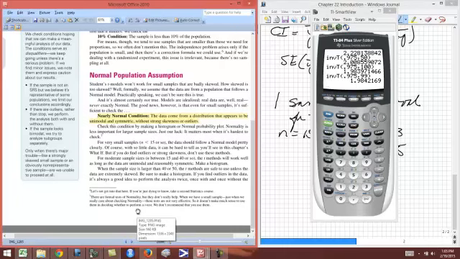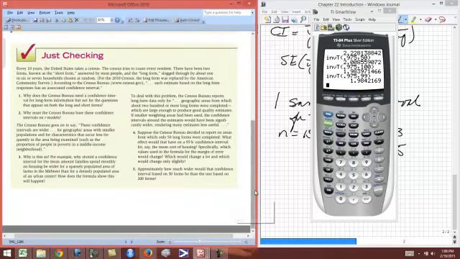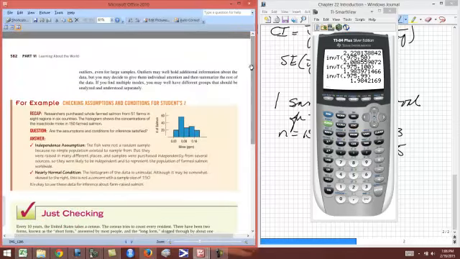And so that means your sample has got to look fairly normal. Now, how do we establish that? We're going to establish that with a histogram, with a box plot to make sure we don't have outliers, and with a normal probability plot to make sure that the data is approximately normal. We will practice that as we actually have data to work on.